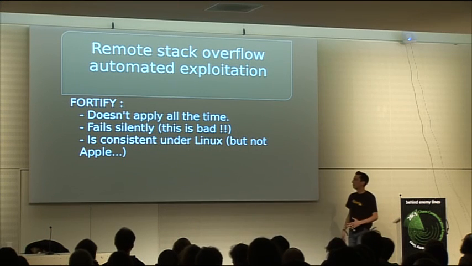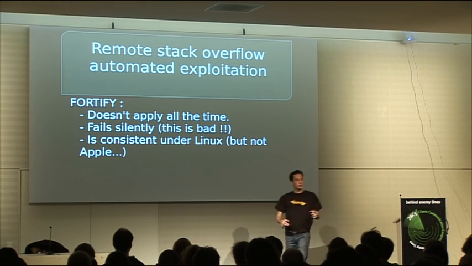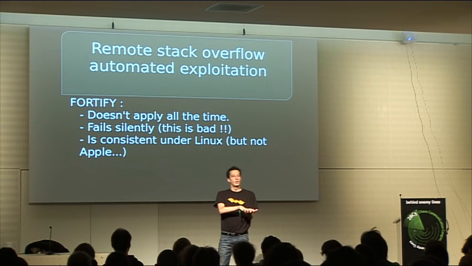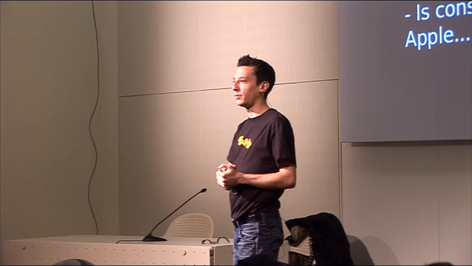If you look at the implementation of, say, memcpy_chk under Apple, it's scary. It completely sucks. What it does is verifying that the length you're giving at runtime is smaller than the actual size of the buffer. But it's not verifying that the copy is starting from the start of the buffer.